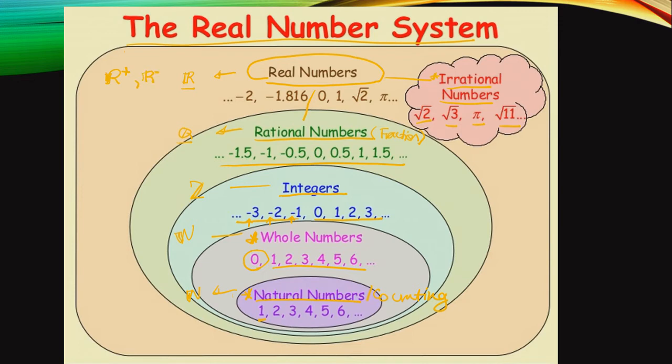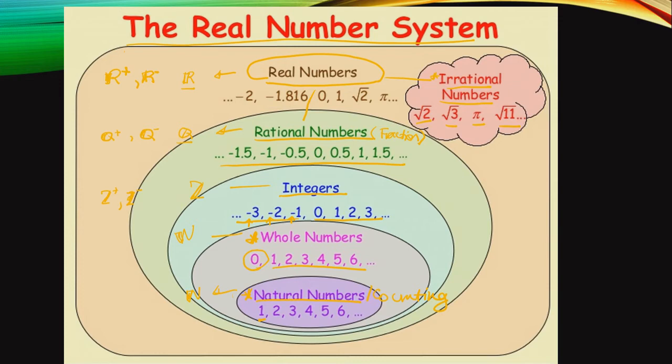Likewise, with rational numbers, we have Q positive when it is a set of positive rational numbers and Q negative when it is a set of negative numbers. It's the same with Z positive and Z negative. Okay, class, for whole numbers and natural numbers we no longer have negatives. So we only go as far as R, Q, Z.